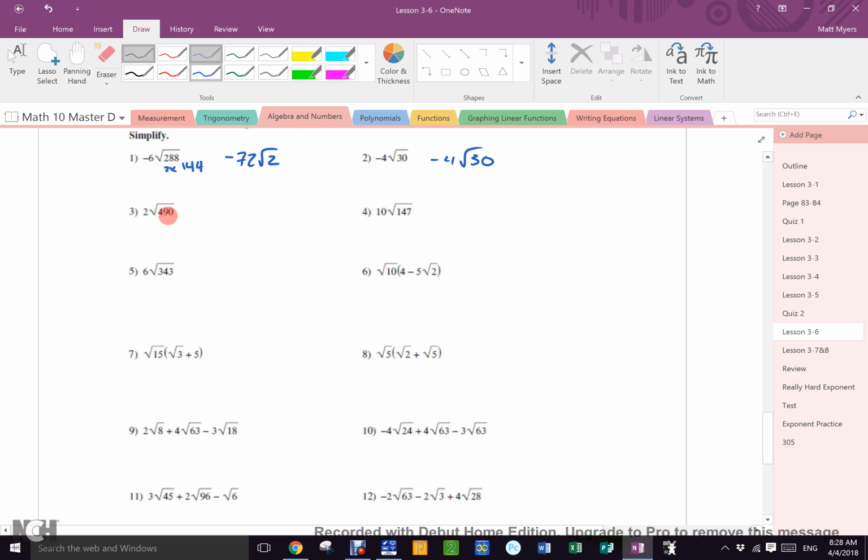Who's doing number 3? It is 14. 14 root 10. That's how we say it. That's okay.